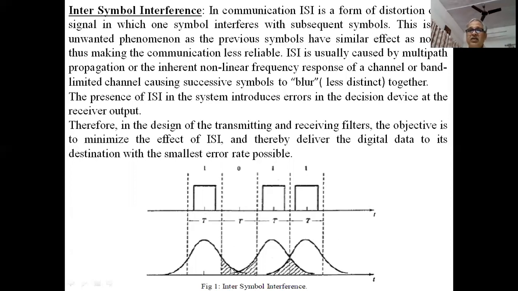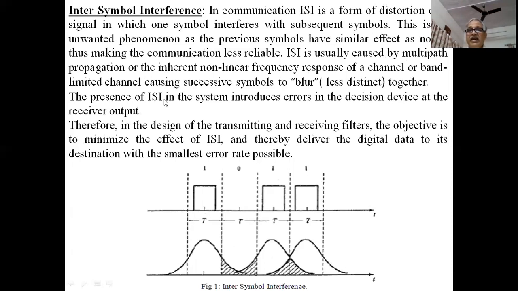So this effect makes communication unreliable. Inter-symbol interference is usually caused by multi-path propagation or the inherent non-linear frequency response of a channel, or a band-limited channel, causing successive symbols to blur. Blur means less distinct, mixing together.